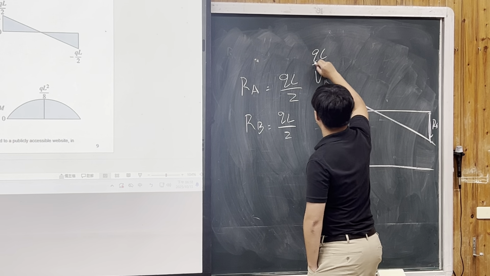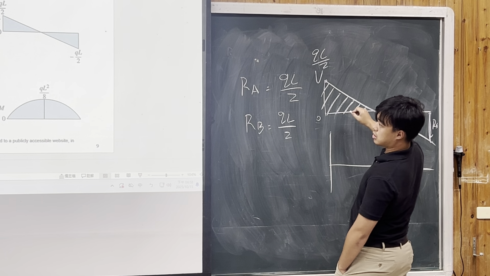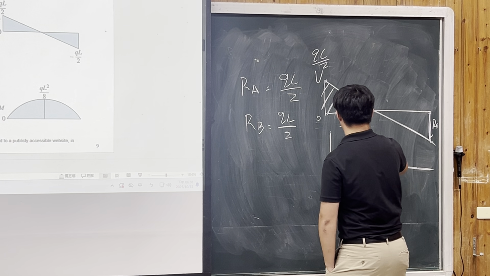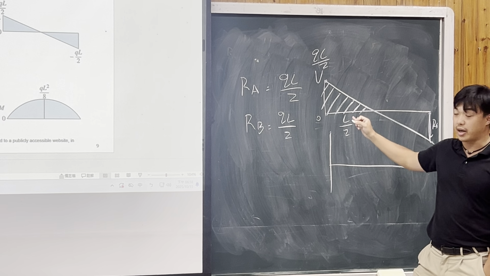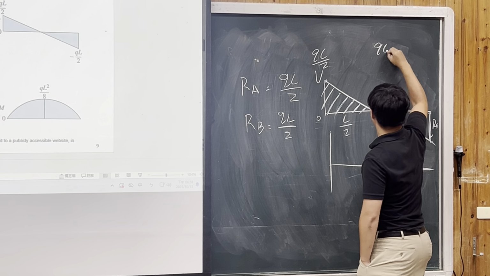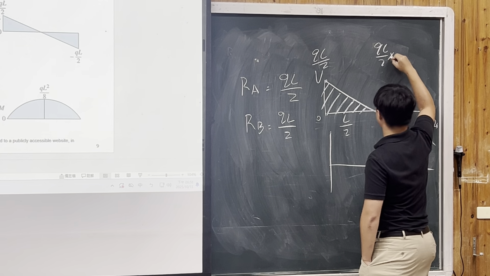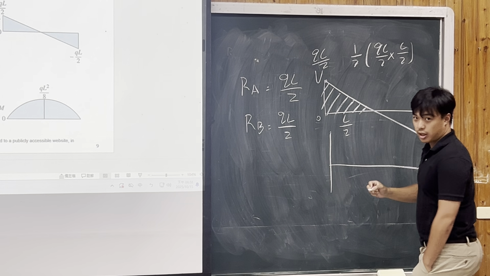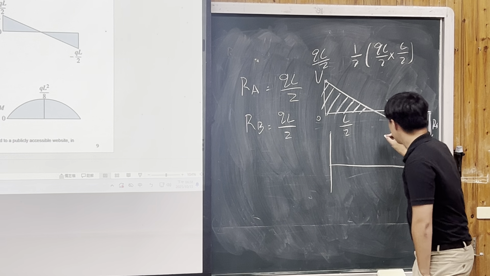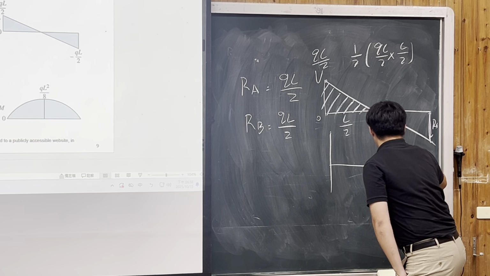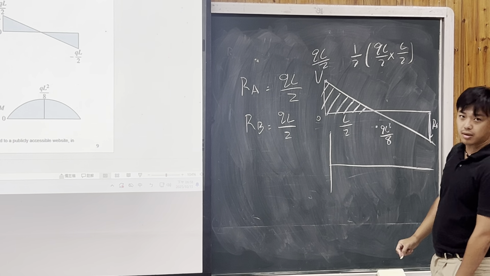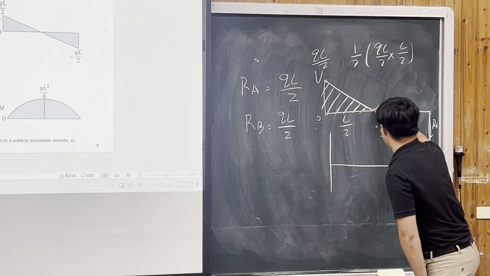This is QL over 2, so the area of the triangle is QL over 2 times L over 2, and the peak will equal QL squared right here.